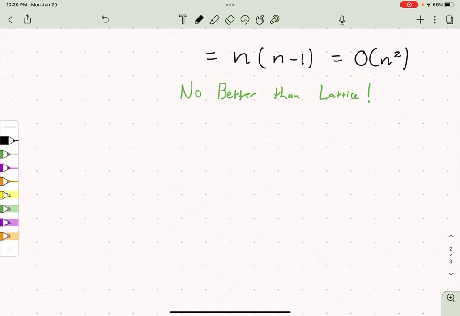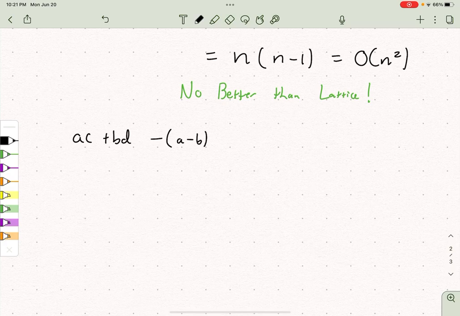But Karatsuba, who invented this algorithm, made a simple observation, which is the following identity. The identity says that AC plus BD minus (A minus B) times (C minus D) equals BC plus AD.